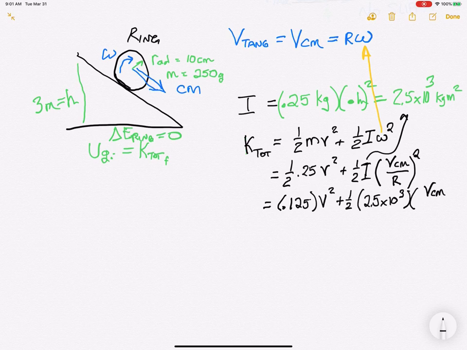That's kind of what we're looking for. And we do know that r in this case is 0.1, and we're going to square all of this. So pull our unknown out, v center of mass squared, and I get 0.125, and that's in kilograms.